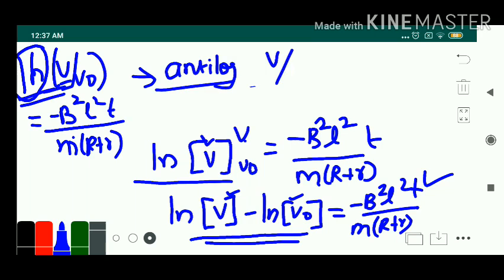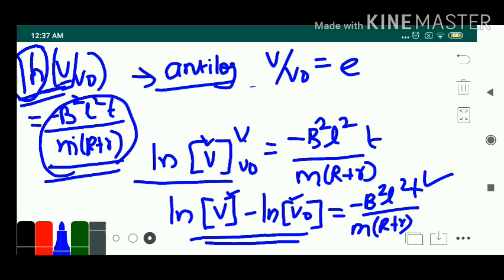So it becomes v by v naught is equal to, this entire term becomes the exponential of e, that is e raised to minus b squared l squared t divided by m r plus r.